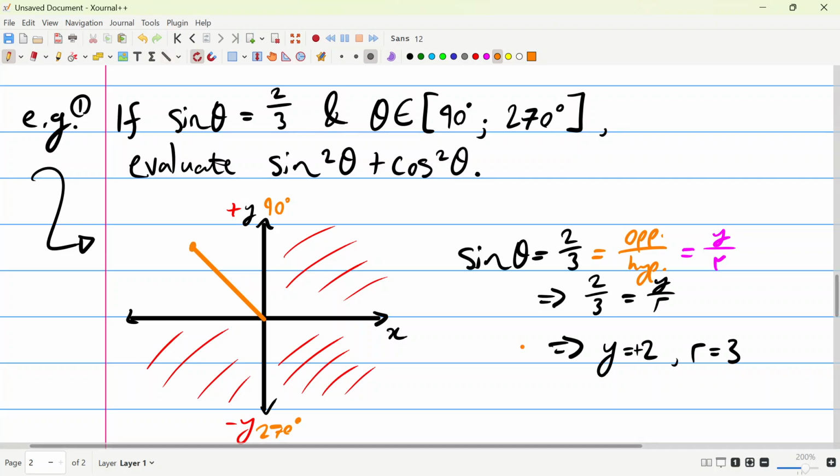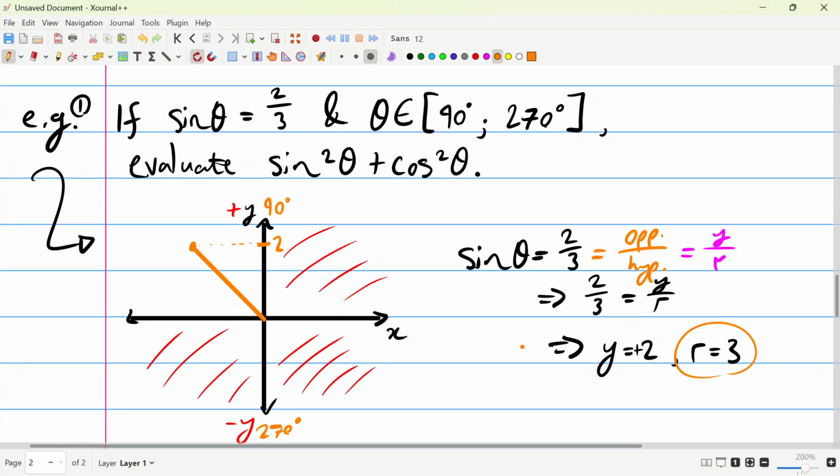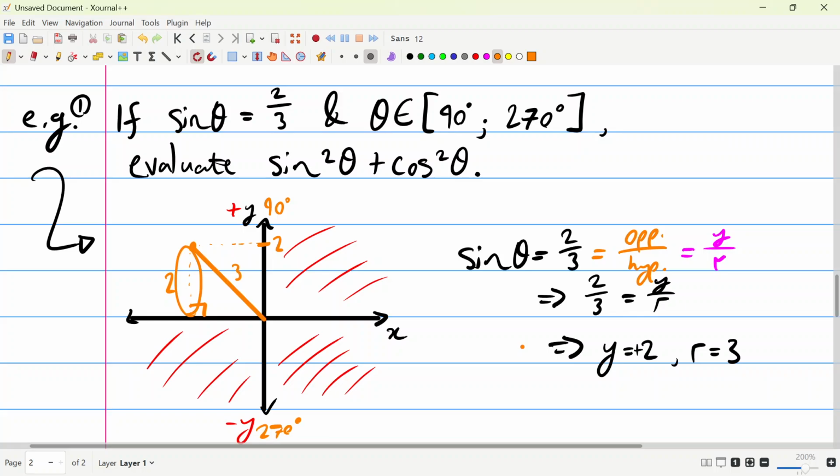And let's say that this y value here is 2, what we know already, right? Y is equal to positive 2, and now r is equal to 3, meaning that our radius is equal to 3, right? And here we need to draw it, like I showed you earlier, all the way down to the x-axis, and then show our right angle, and we're going to say that this whole side here is 2.